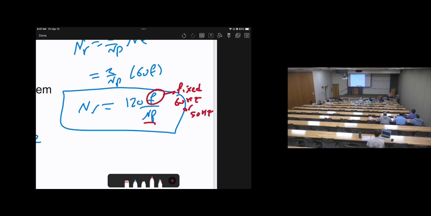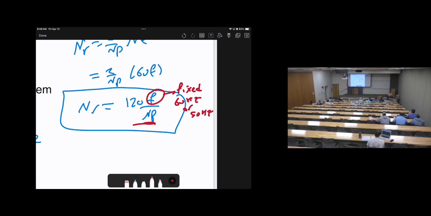Number of poles is related to the structure of the motor, so most likely it is fixed. This yields N to be fixed. Is this correct? That's what's happening. So we cannot control, or it's very hard to control, the speed of the synchronous motor. That was, again, in the old days, before the invention of power electronics.